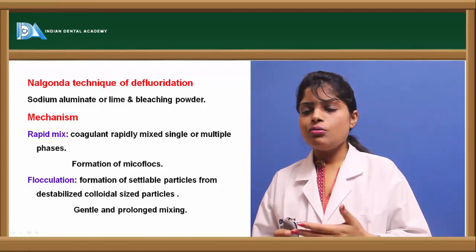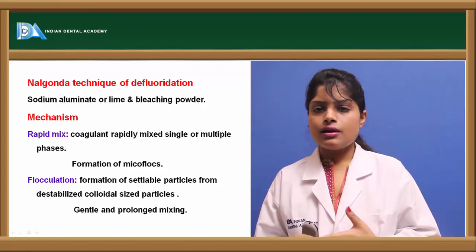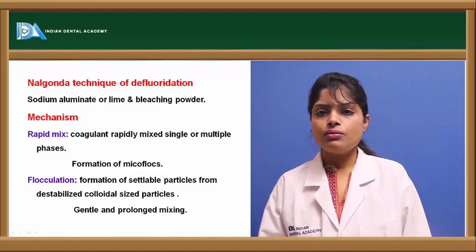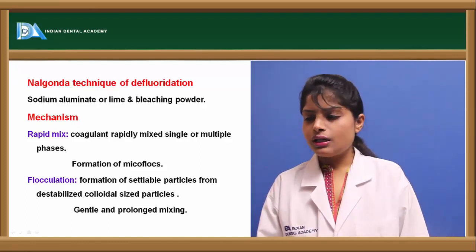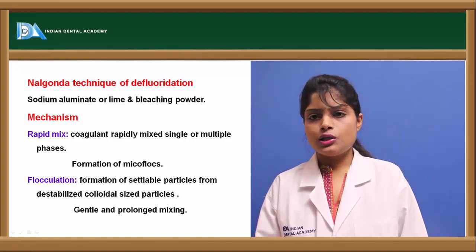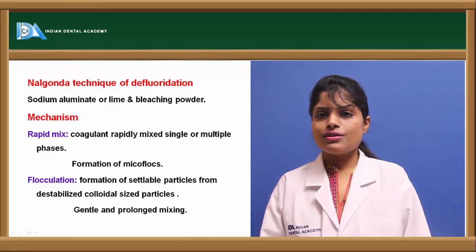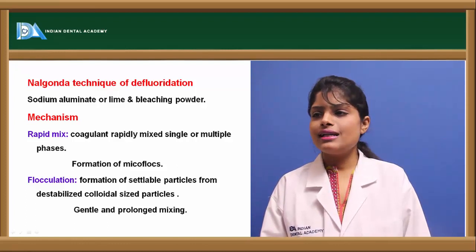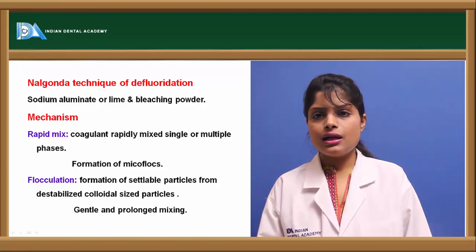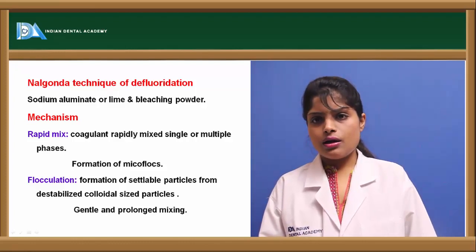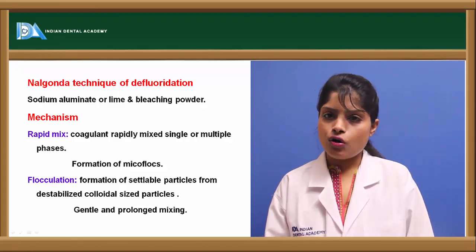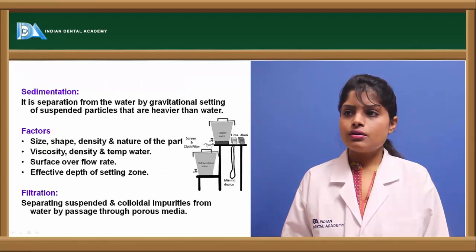The sodium aluminate which is present and the chemical which is added will aid in the formation of the microflocculation. Then comes the flocculation process. It will lead to the formation of settleable particles or sediments from the colloidal particles which are suspended in the solution. A gentle and prolonged mixing is advocated in the flocculation process.